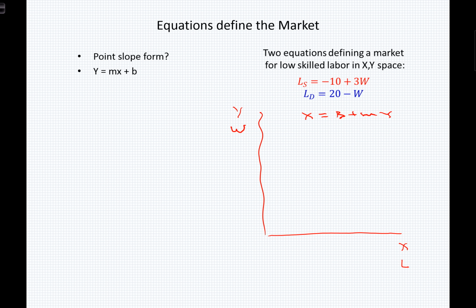Well, we simply rearrange this equation. So in this case, if I'm looking at the labor demand equation, I want to be able to think about this in y equals mx plus b form.